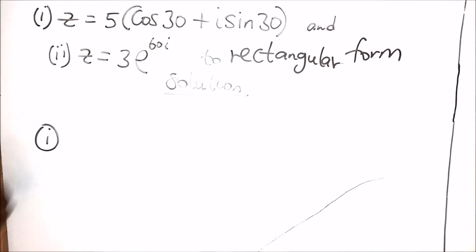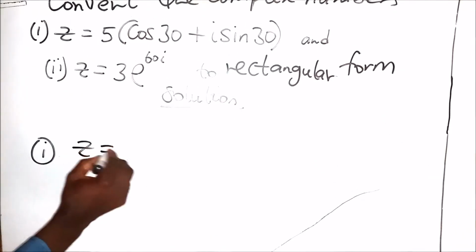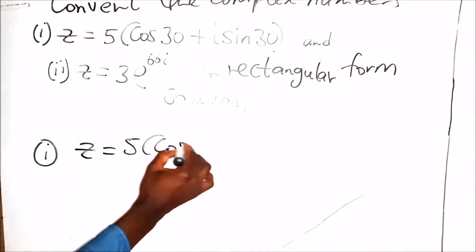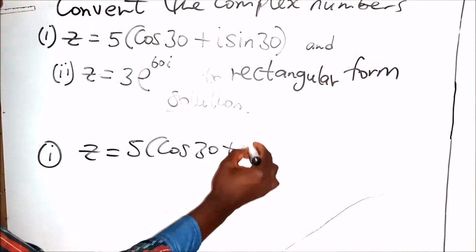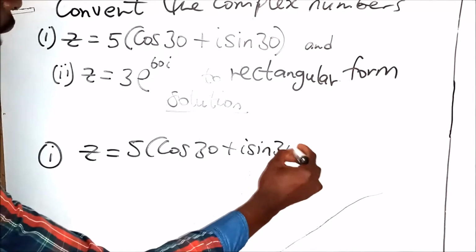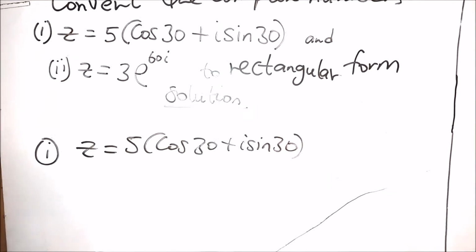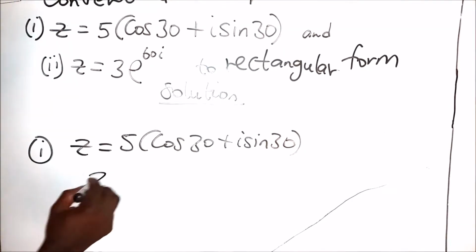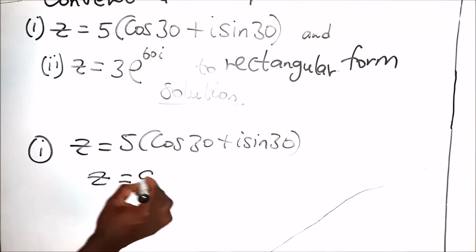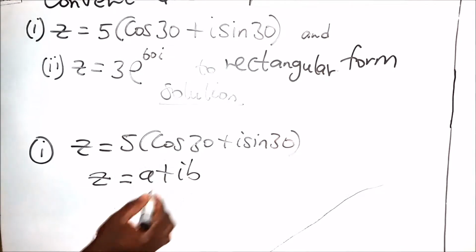In the first one, we have that z is equal to 5 cos 30 plus i sin 30. Now, for us to convert to rectangular form, we have that our rectangular form is z equal to a plus ib.